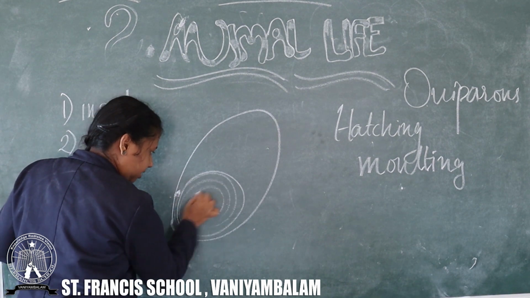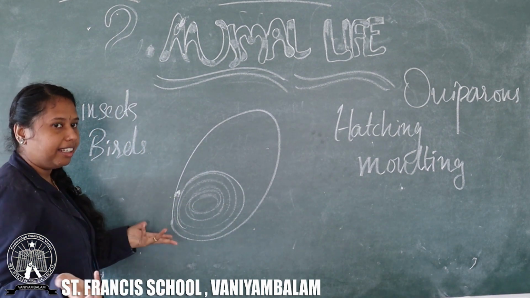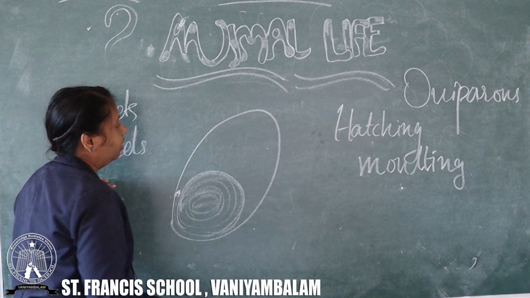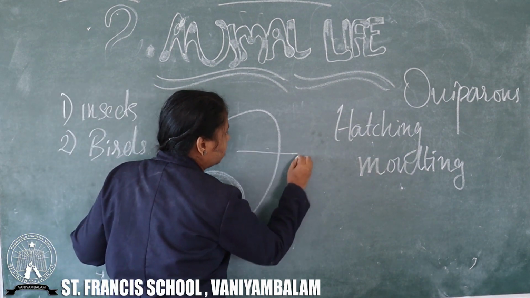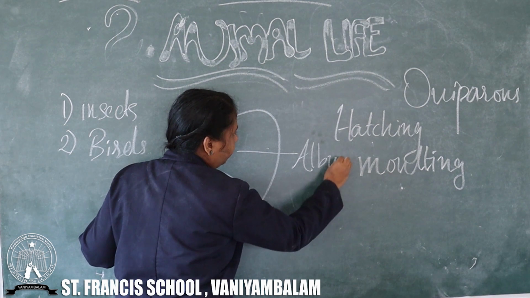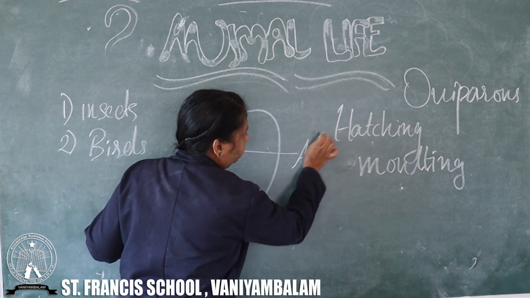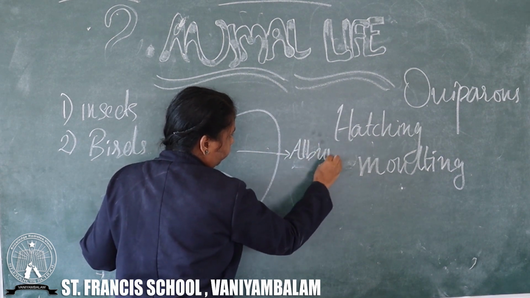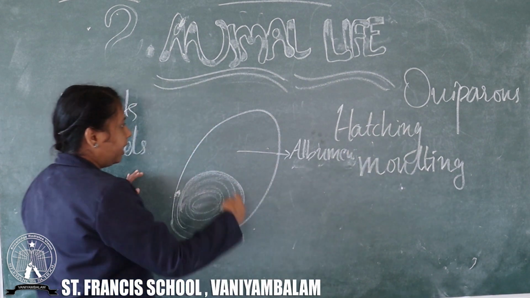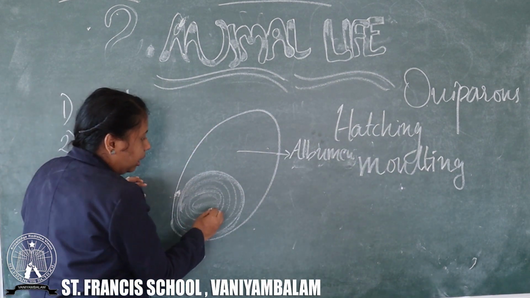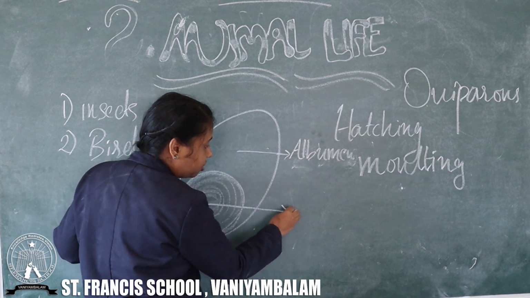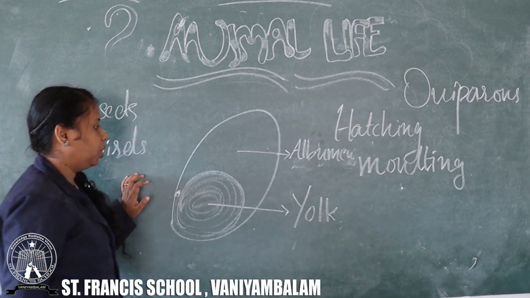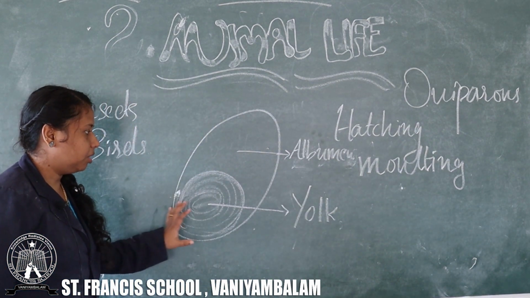You might be familiar with the egg of a bird. Example, hen, isn't it? You can see inside the eggshell a jelly-like structure which is known as albumin. And this albumin encloses another yellow color structure, and this is known as yolk.